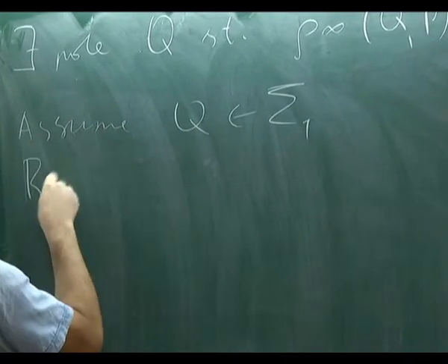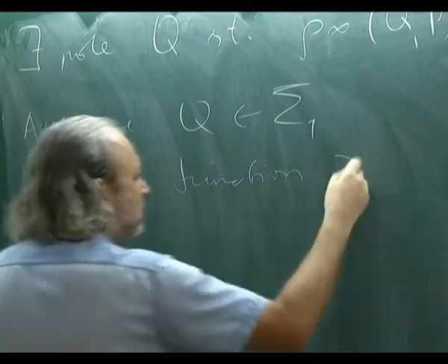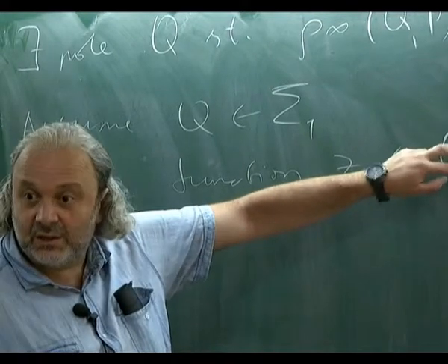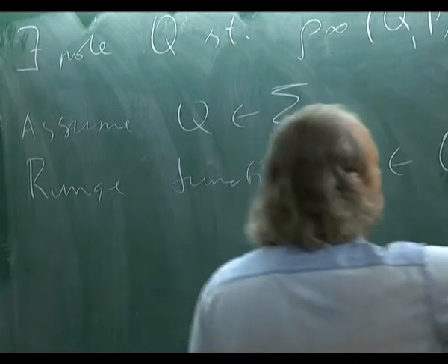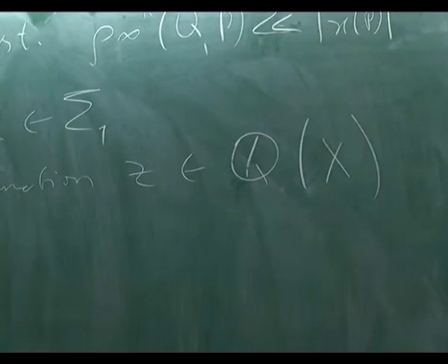Then we consider what is called the Runge function. Notice it's important: this function is over Q. And it has the following property.